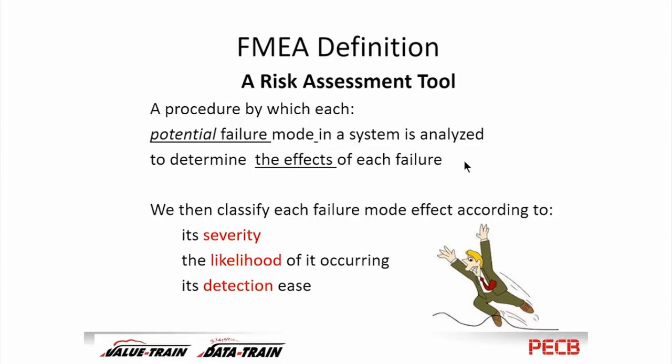What would happen? And then we make three classifications for each one of those failure modes. We assess how severe the results would be. We assess how likely that failure is of occurring, and then we assess how easy it is to detect the failure. So some things are easy to find and some things are not.